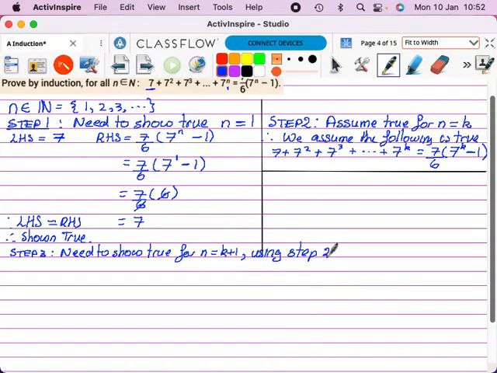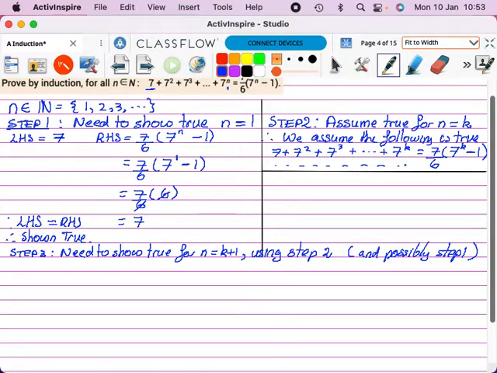You have to use step 2 and possibly step 1, which, I'll be honest with you, in this particular example you don't need to. But step 3, you need to show true for n equals k plus 1. Now, summation for series, what does it mean for n equals k plus 1? It means you've got to have k plus 1 items added together.